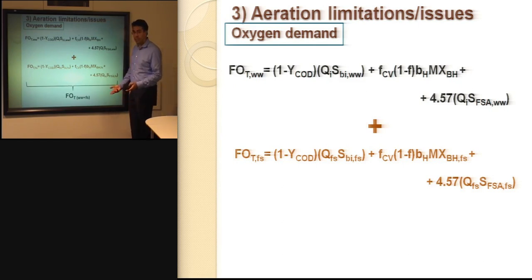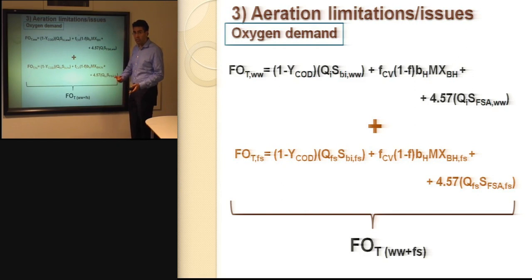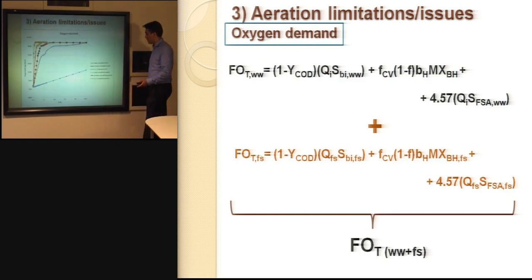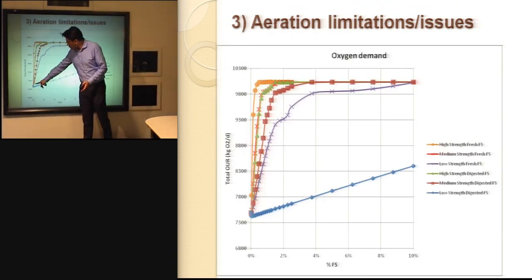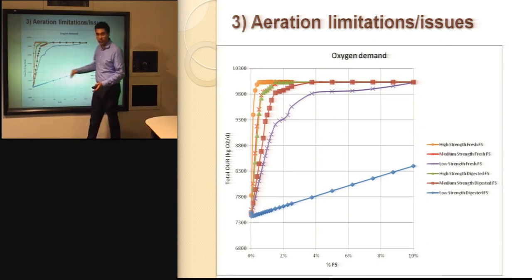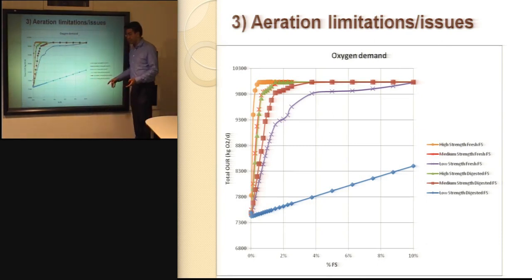And that will give us an estimation of the total oxygen requirements of the plant. These oxygen requirements will increase linearly as a function of the percent of fecal sludge of different nature discharged in the plant.